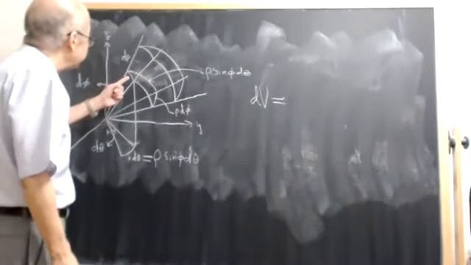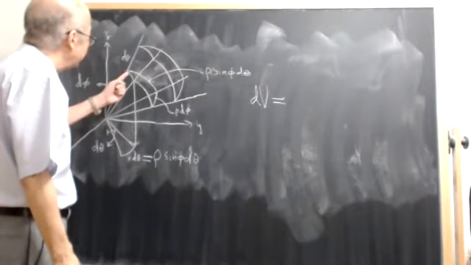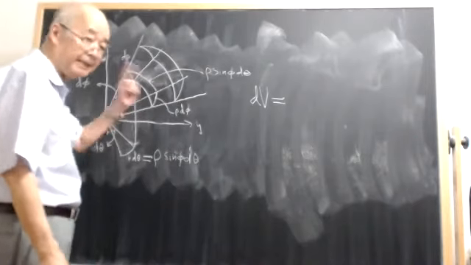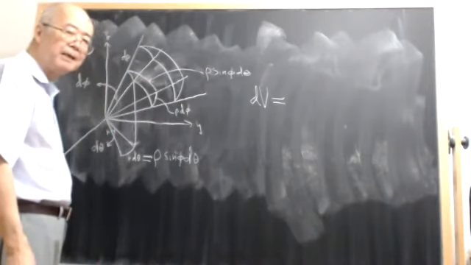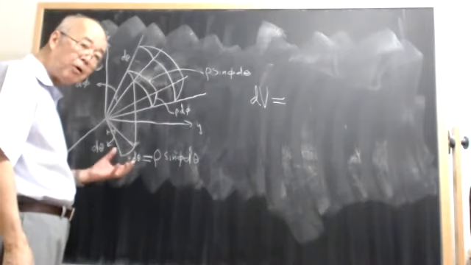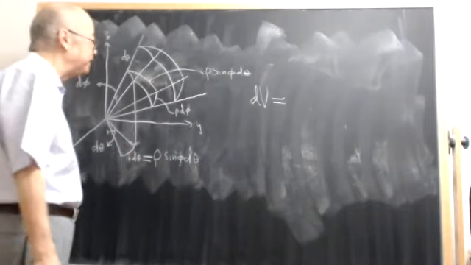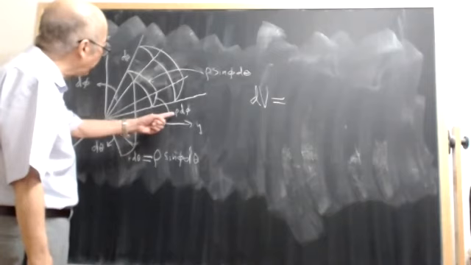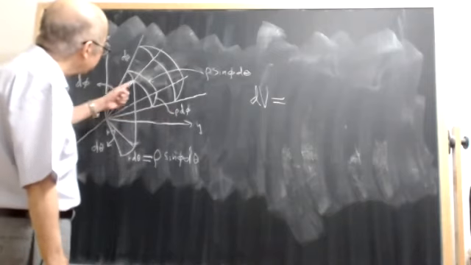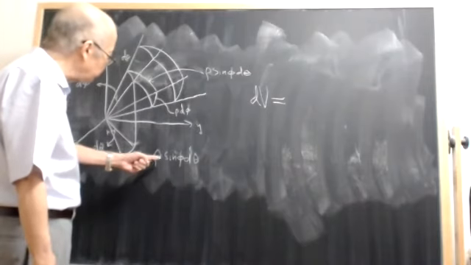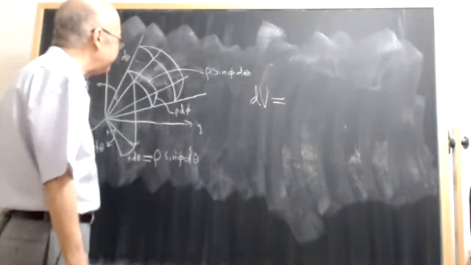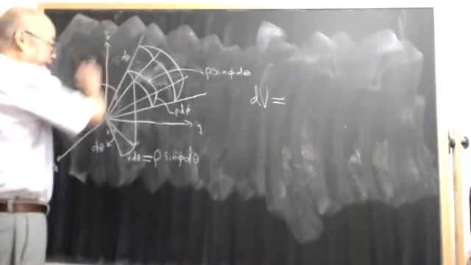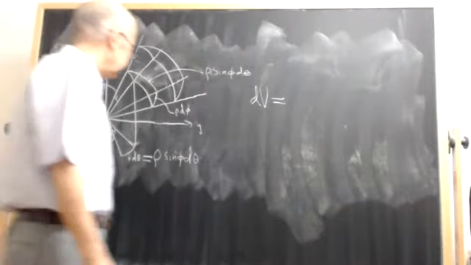So is this length times this length times the height. Is the area of the base times the height. Well, the area of the base is rho d phi times rho sine phi d theta. And then you have to multiply it by the height, which is d rho.